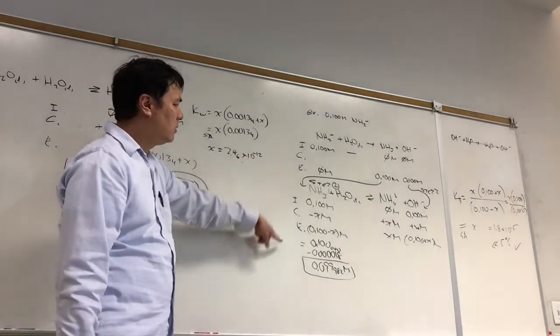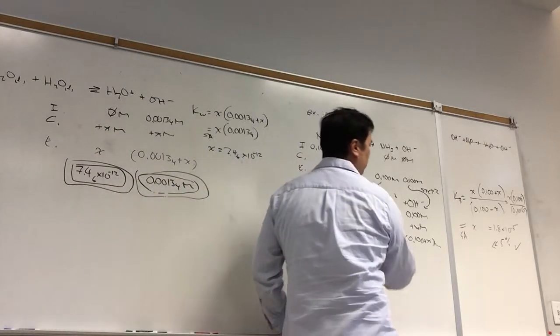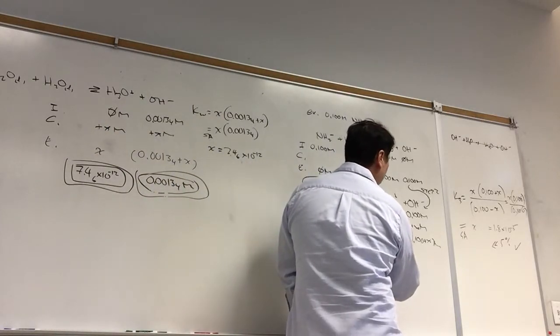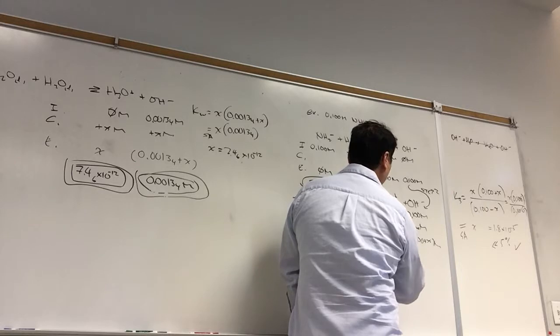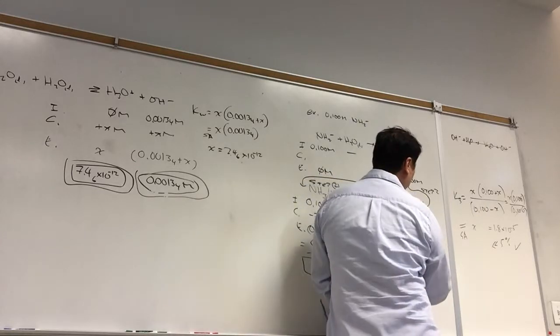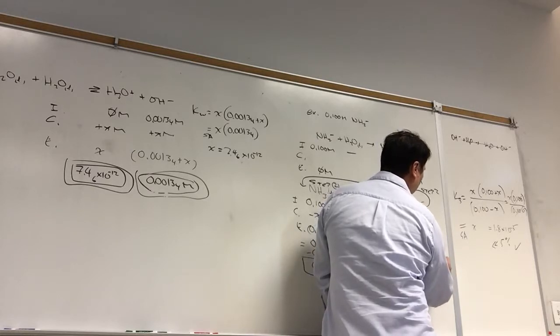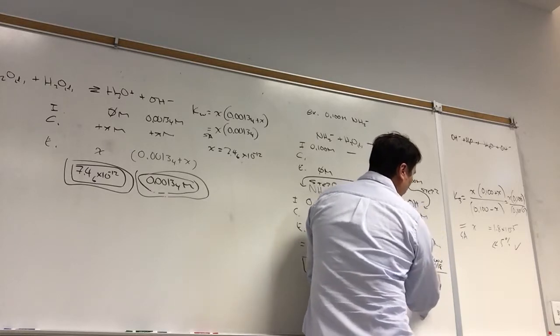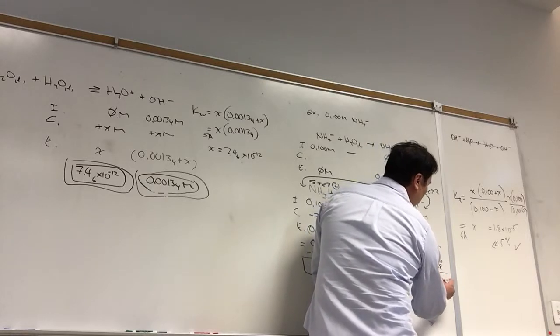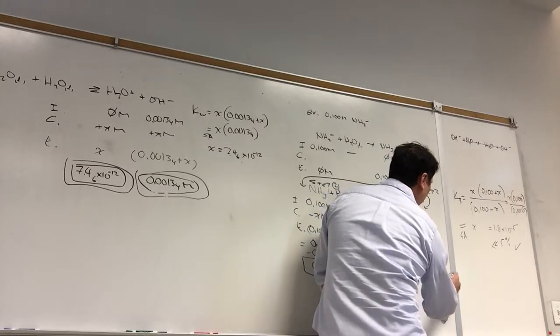So I lose a little bit of the ammonia, and I'm going to generate some ammonium at 1.8 times 10 to the minus 5 molar. And then I'm going to generate some additional hydroxide at 0.100 plus 0.123418. And so this is going to be 0.100 sub 018 molar.